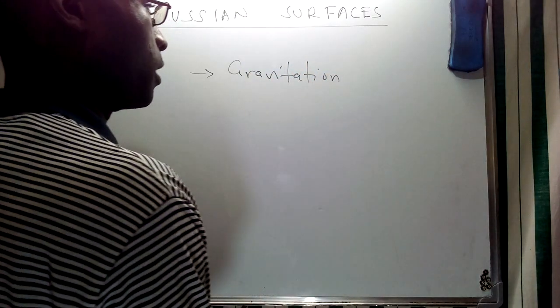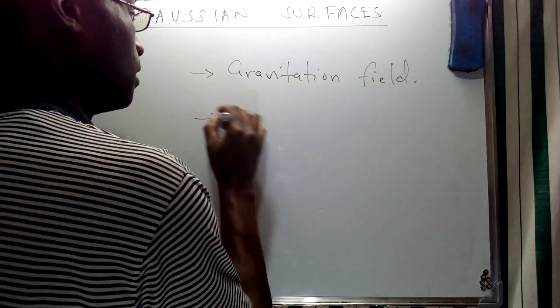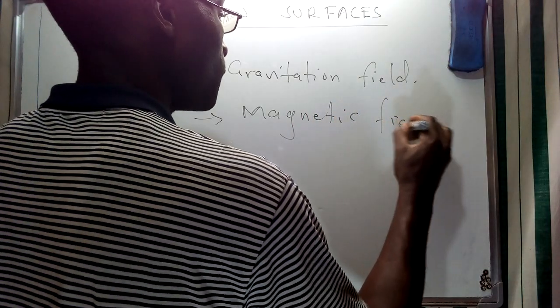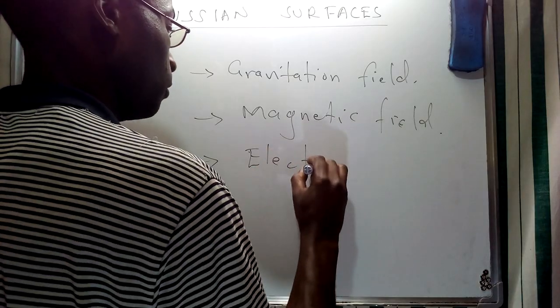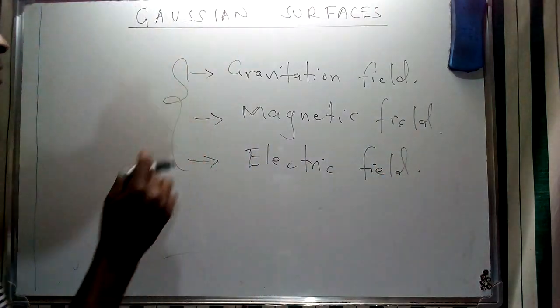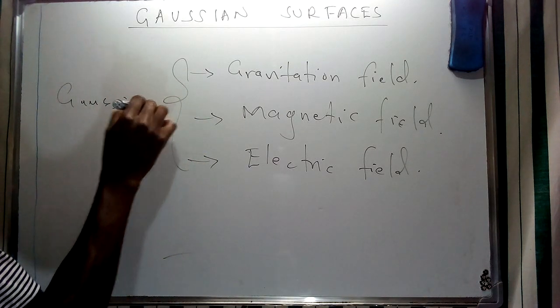We've talked about this concept in some of our videos that we have already discussed. I'm also going to talk about the magnetic field and the electric field that I mentioned in the introductory part of this video. So we're going to establish the relationship between these three and what we refer to as the Gaussian surface.